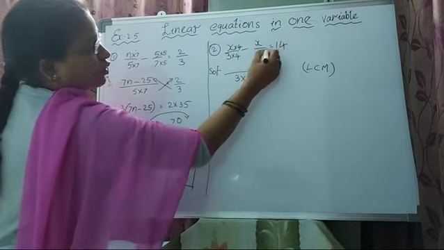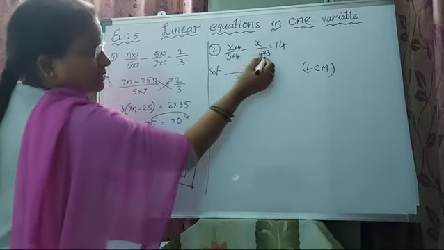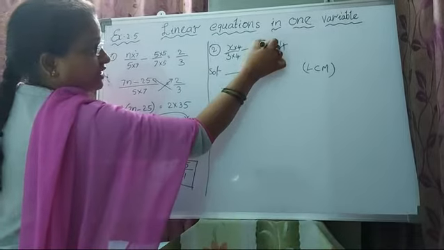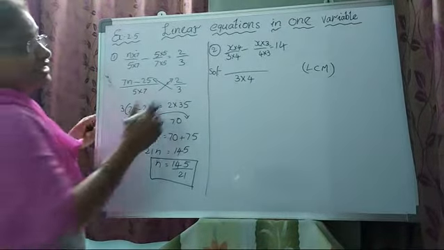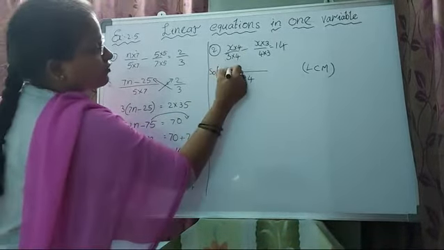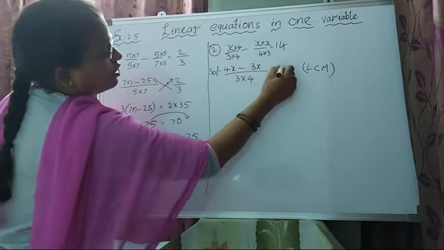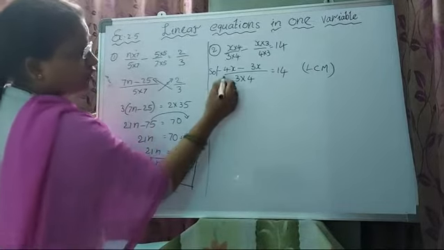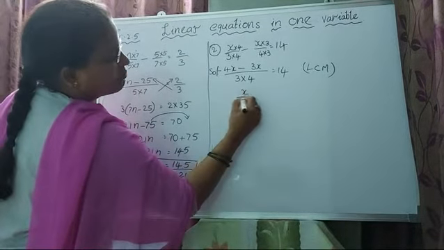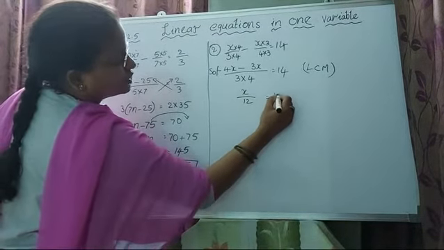Here also 4 threes are 12. If you multiply the denominator, you multiply the numerator also by 3. See here 4 into x, 4x, minus 3 into x, 3x is equal to 14. So 4x minus 3x, x by 12 is equal to 14.